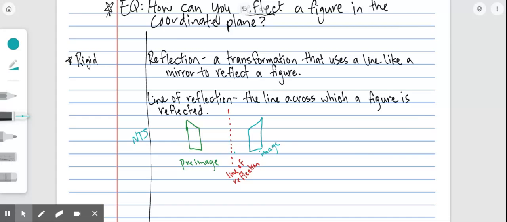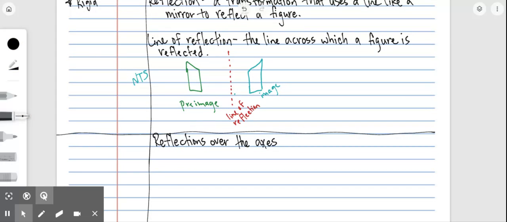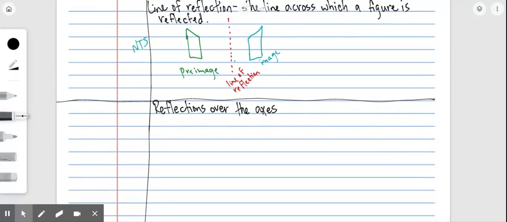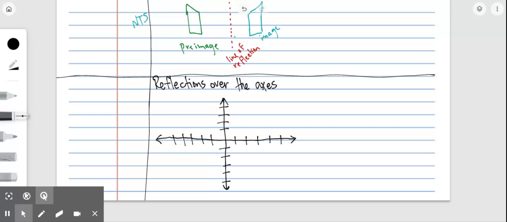All right, so our first example is going to be reflections over the axes, so over the x-axis and over the y-axis. I'm going to draw a grid. My grid has about 5 marks on any of the axes. I'm going to label them again, just so that I remember. The x-axis is horizontal and the y-axis is vertical.